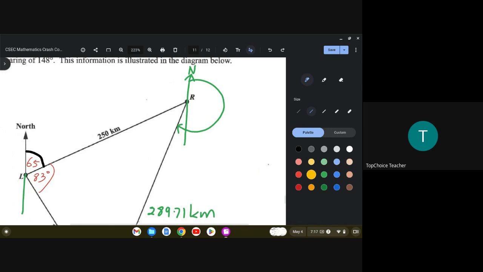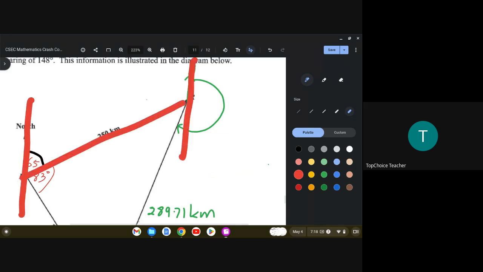What we're going to do here is use some important properties. These two north lines are parallel to each other. Can you all agree with that? What do we know about parallel lines with a transversal? Did we spend a lot of time on that just now? Don't you realize that this north line is a transversal?